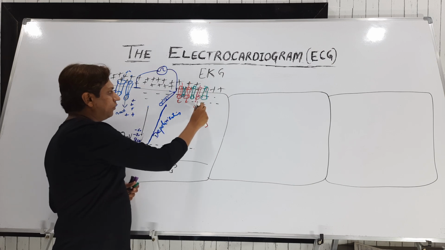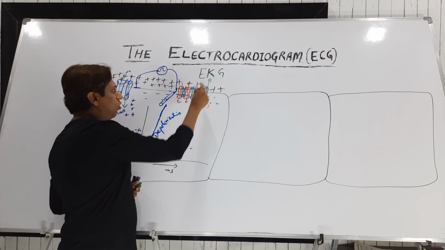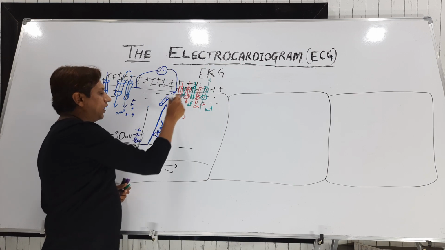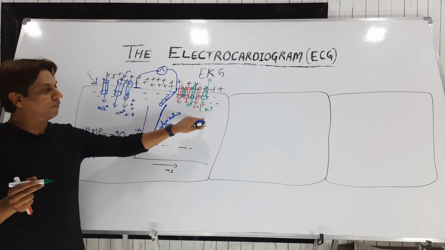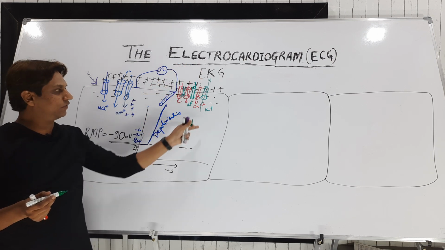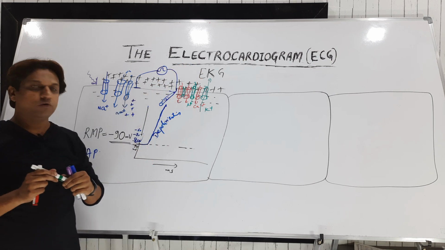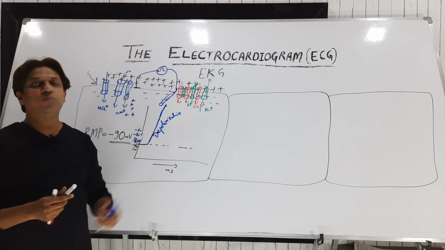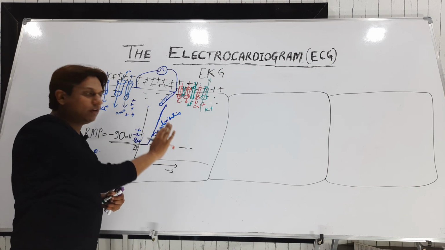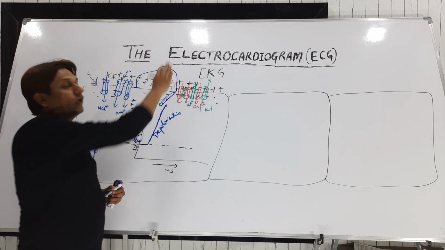The potassium ions will go from inside to outside, because the interior has more potassium with respect to the exterior, that is the concentration gradient. Due to the concentration gradient, potassium tends to move outside. Now calcium ions are entering inside, positive, and also potassium ions are going outside.